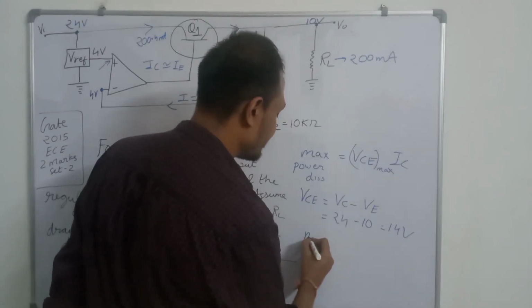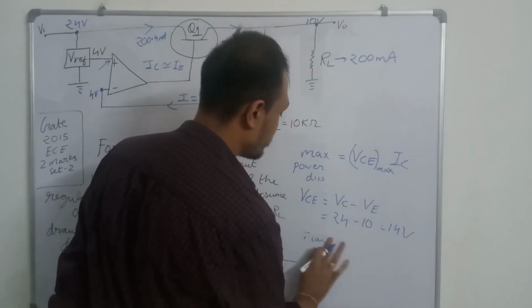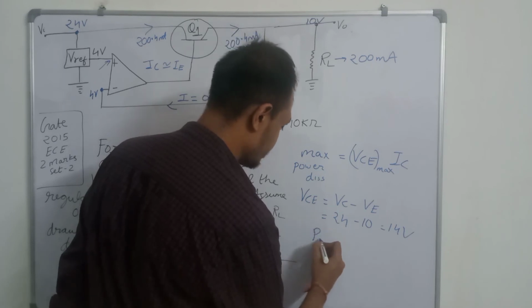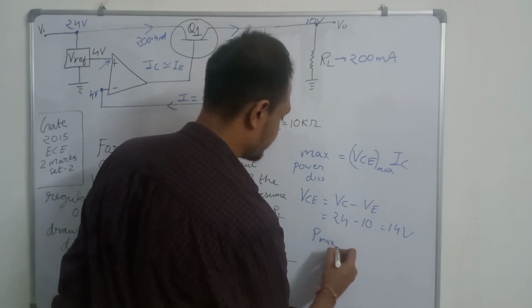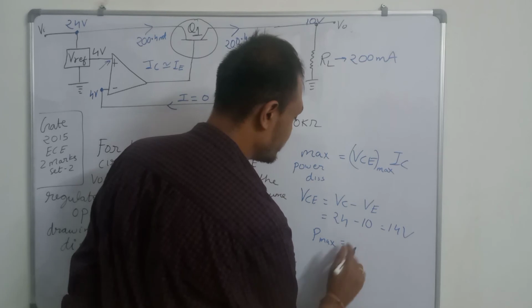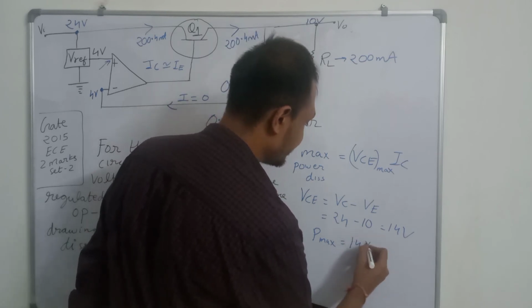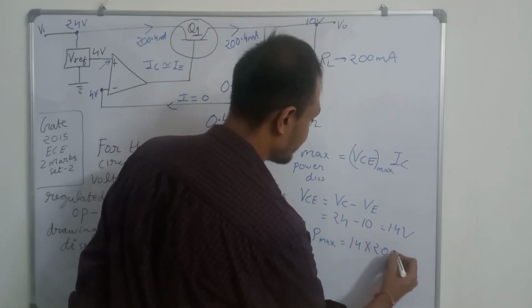So the maximum power dissipation, P max, is equal to 14 volt into 200.4 milliampere.